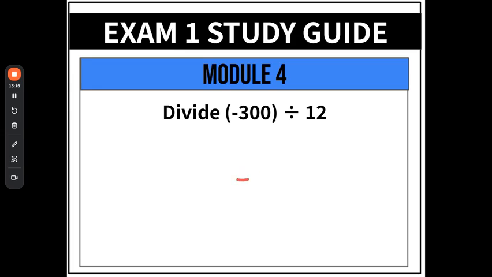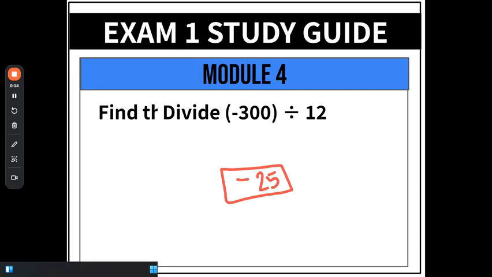So we get negative 25. And again, go ahead and use Desmos to check yourself after you're practicing these for the exam.